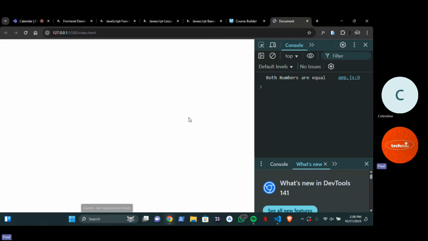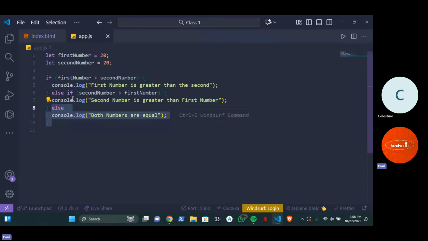Is it clear? Now, again, I'm going to explain it. You have your if statement. That's your first condition. Your first condition, then you have the output or the result. Then you have your second condition that runs if the first condition is what? False.